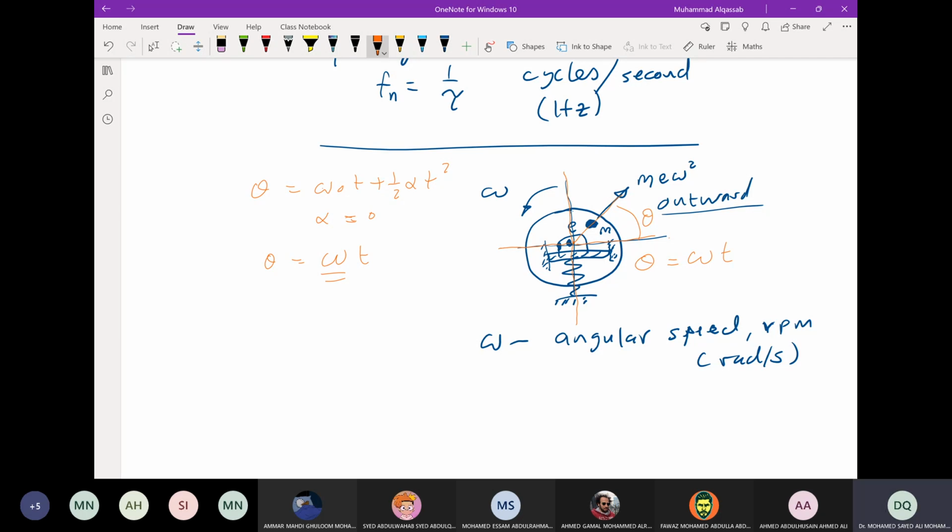So the magnitude of the force is changing from 0 to maximum, to 0 again, to maximum in the negative direction, and back to 0. As the disk keeps rotating, this force keeps changing. So it is applied with a frequency, and it causes forced vibration, because omega can be any value.